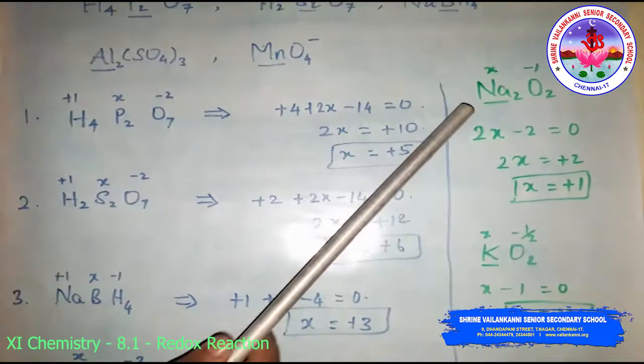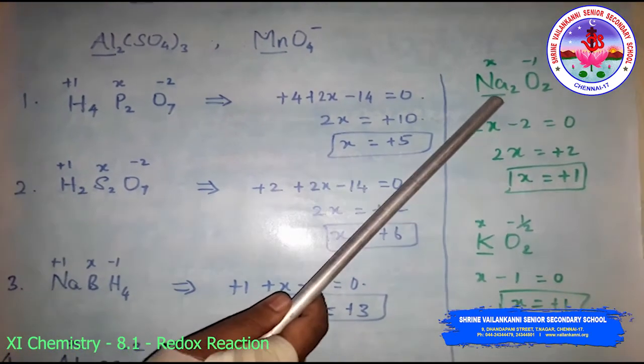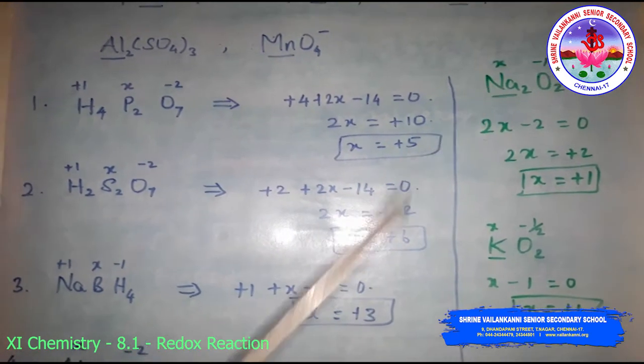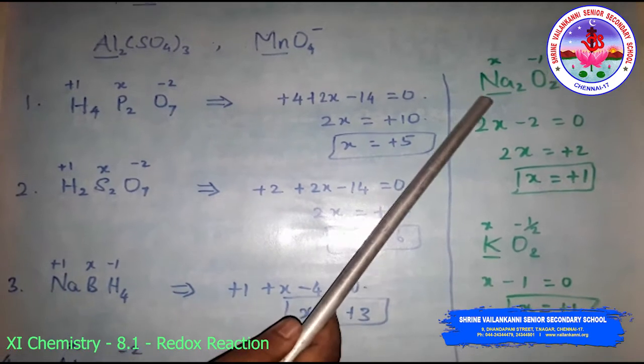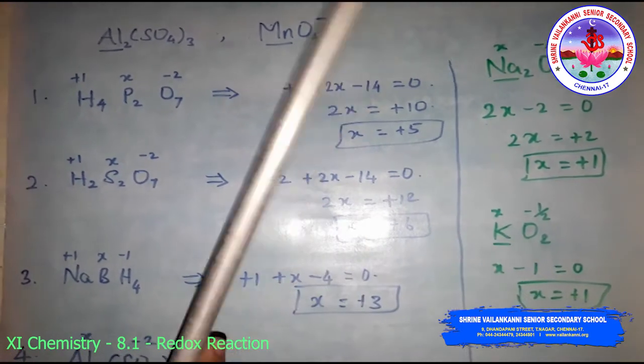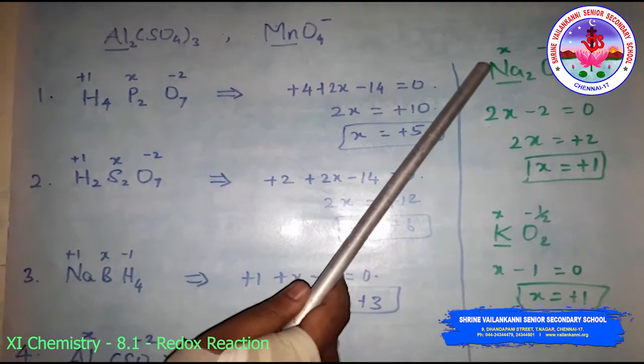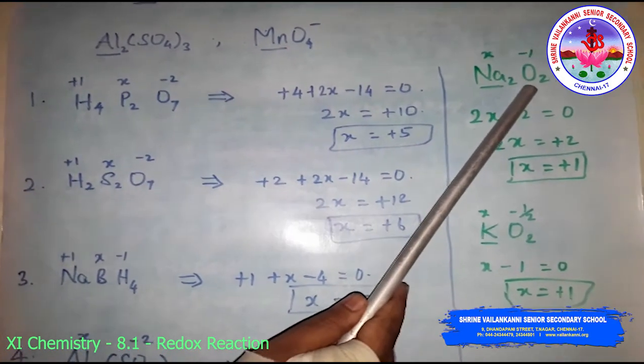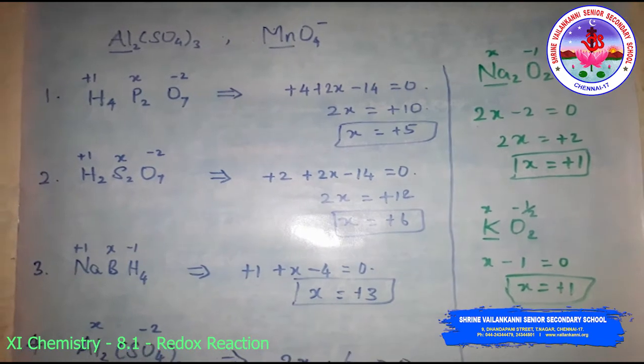Look at this. In the case of peroxides and superoxides, Na2O2 is a peroxide. Here you have to find the sodium oxidation state. So put x, and in a peroxide, oxygen stands for -1 oxidation state.